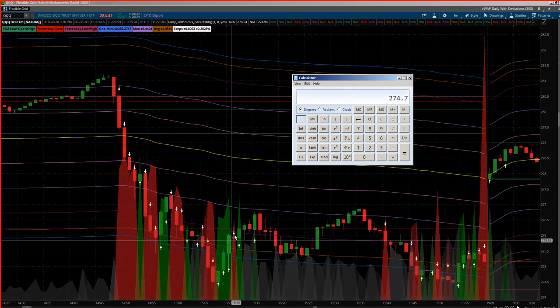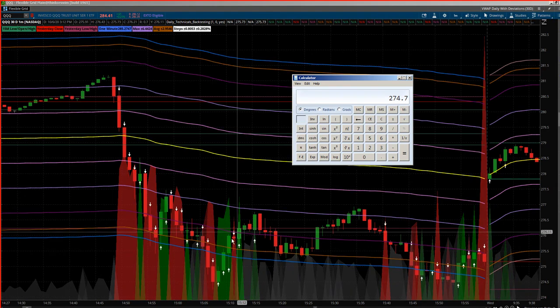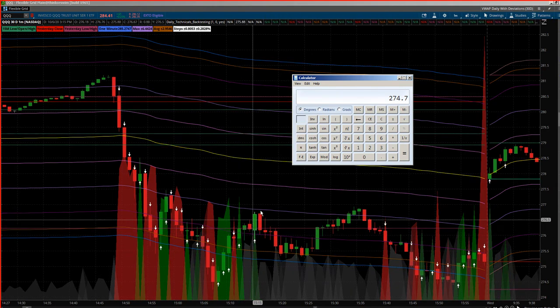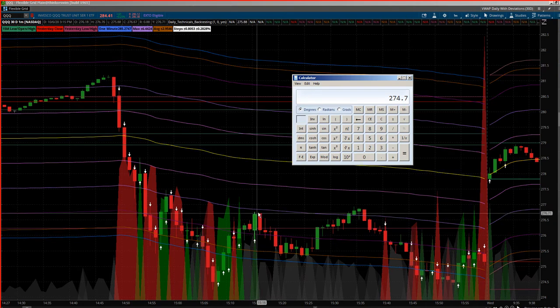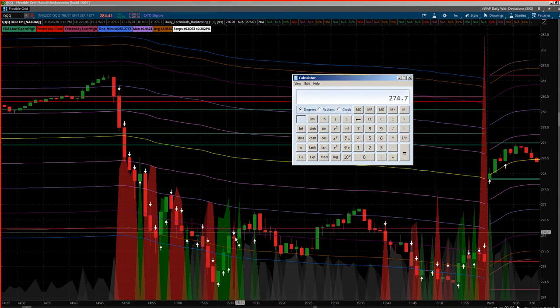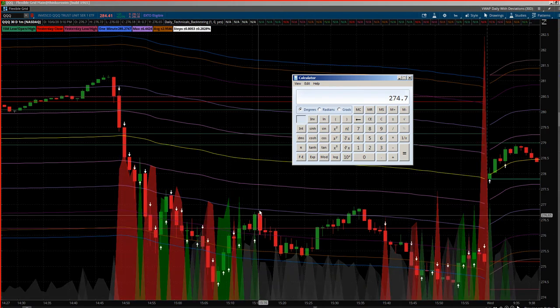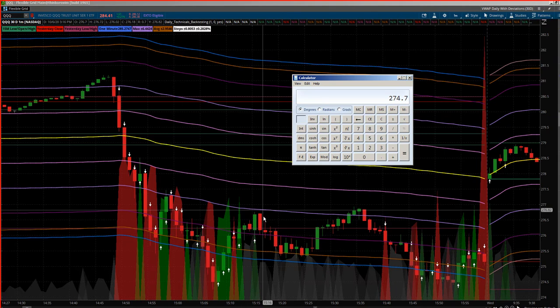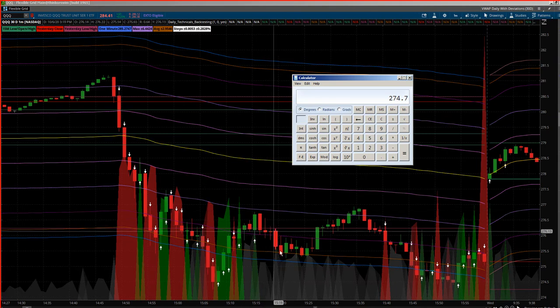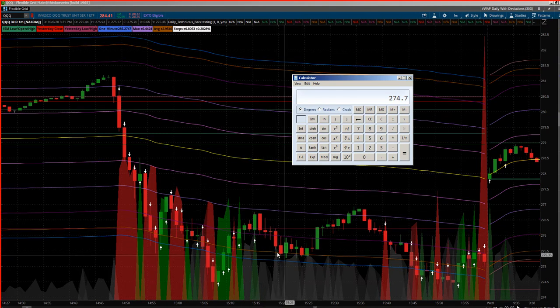Almost straight through to the -2 over here. So it bounced between this one just a little bit and back up. Almost touches the -2, trades on the bottom, then goes back down to the average.